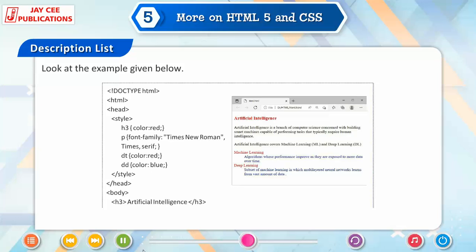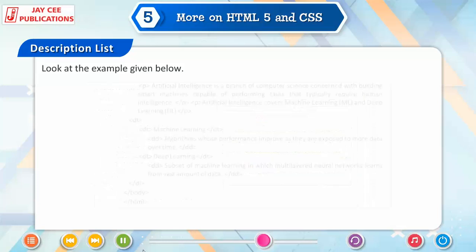DT in curly brackets color: red; DD color: blue; in curly brackets. Close style tag, close head tag, open body tag, open H3 tag, artificial intelligence, close H3 tag.